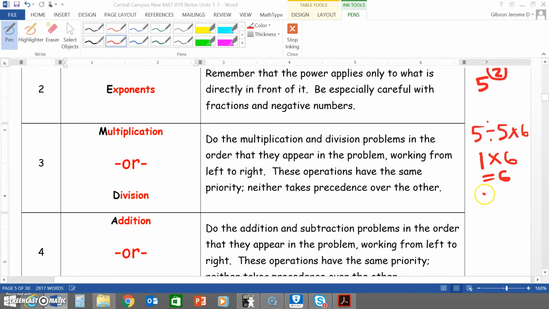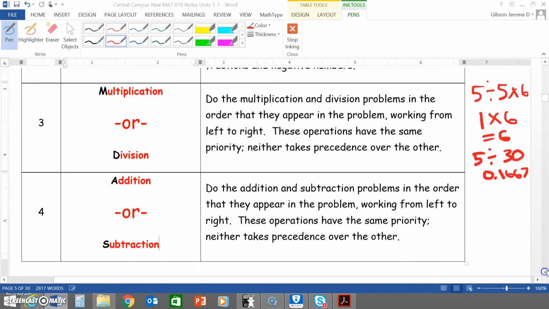Now watch what happens here. 5 times 6 is 30. If you put 5 divided by 30 in your calculator, it will come out to be 1/6, which is 0.166, and then you'll round it to a 7. So these answers are totally different. So you have to be cautious of that.